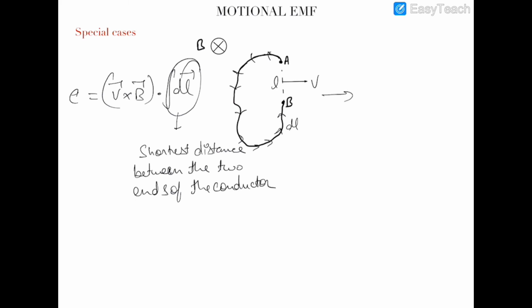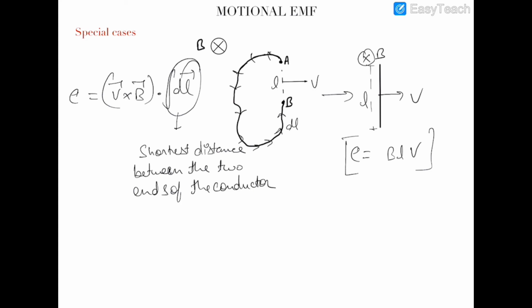Now you can replace this conductor with a single conductor of length L, and it is moving with velocity v in the magnetic field which is inside the plane of the screen. So its length is L. So the EMF induced will be directly written as BLV, because in this case all of them are mutually perpendicular.